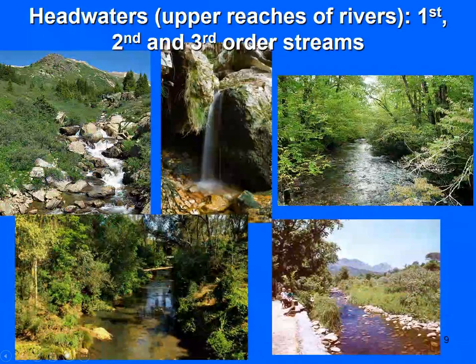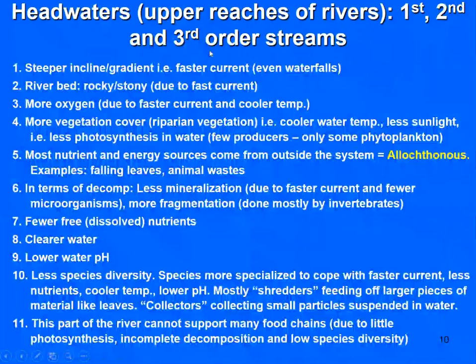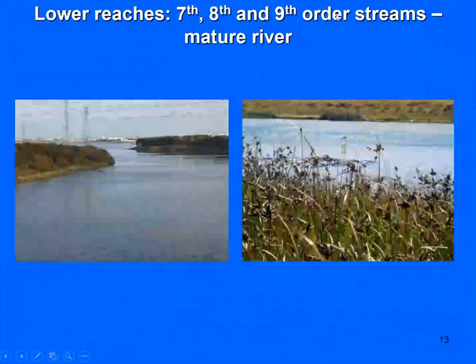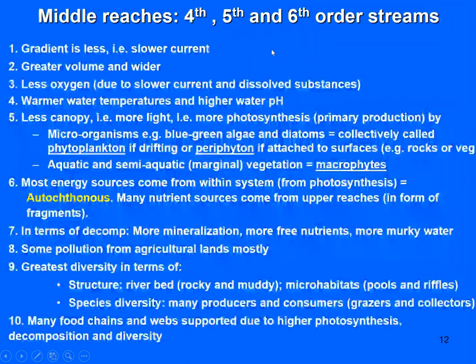So the river is divided into upper reaches or headwaters, which is first, second, and third order streams. I'm just going to run through these next few slides. Then we have the middle reaches, fourth, fifth, and sixth order streams. And then we have the lower reaches, seventh, eighth, ninth order streams, where you then talk about a mature river.